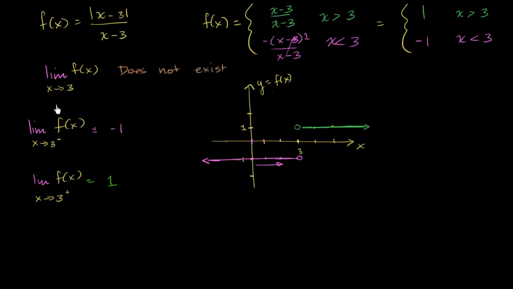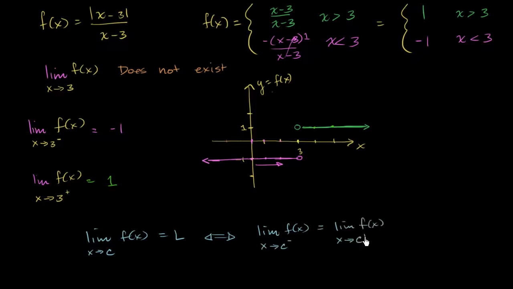Or another way of saying it: the limit of a function f of x as x approaches some value c is equal to L if and only if the limit of f of x as x approaches c from the negative direction is equal to the limit of f of x as x approaches c from the positive direction, which is equal to L.